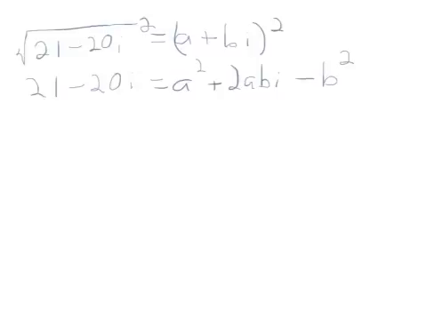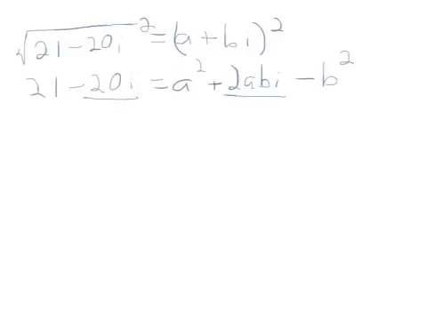Now what we're trying to do ultimately is to find what a and b are so that we can put it in the form a plus bi. So if I compare the two sides, notice the term with the i on the left side, this negative 20i, is going to be the same thing as the term with the i on the right side, the 2abi.